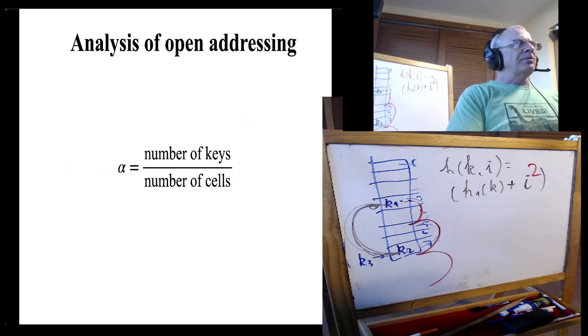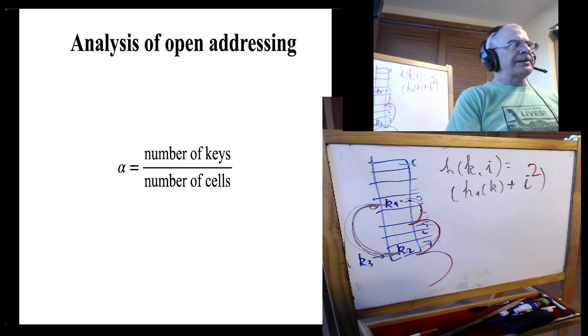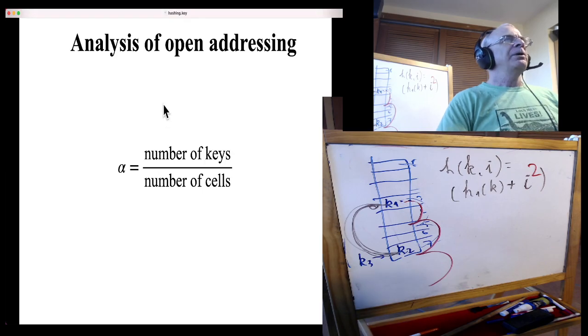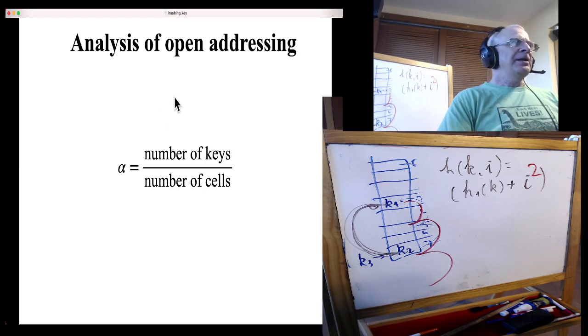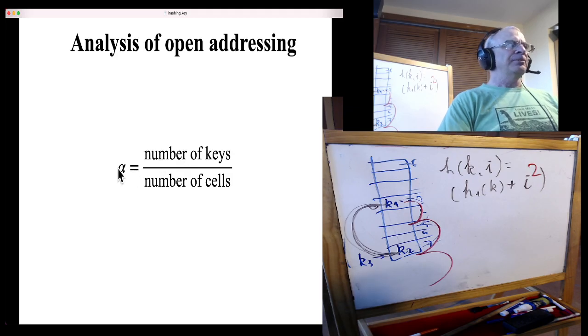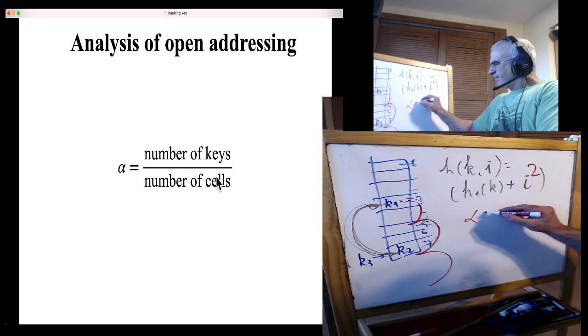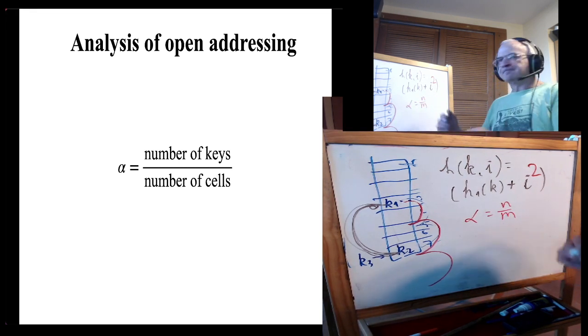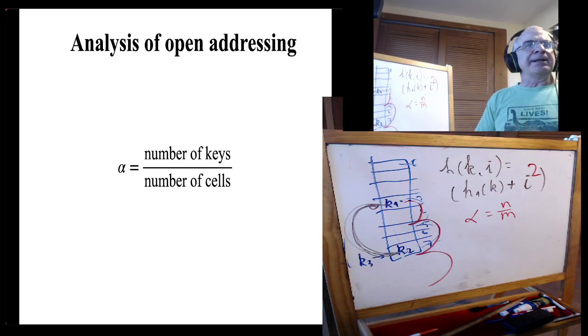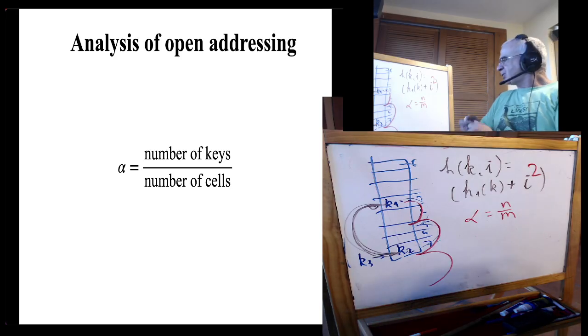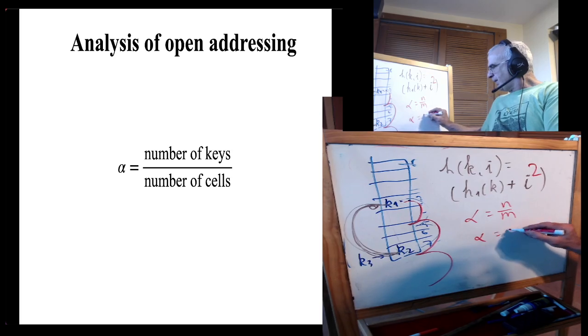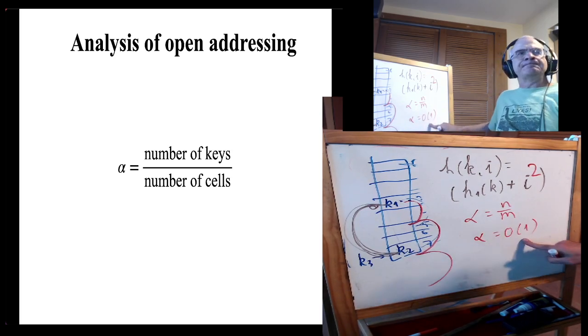Okay, moving along. What do you want to keep under control when you're creating open addressing? To remind you, there is alpha, the load factor. Alpha is the number of keys divided by the number of cells in the table. Right? Alpha is n over m. In chain hashing, we said alpha should be a constant, order 1.